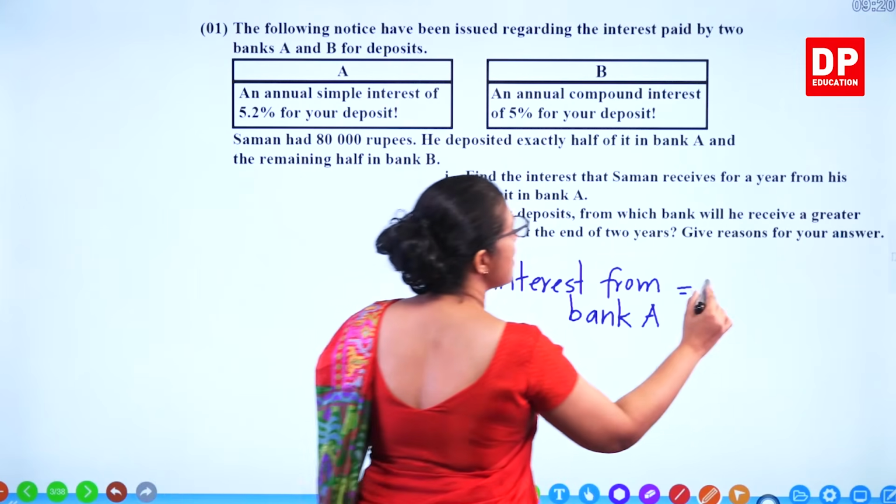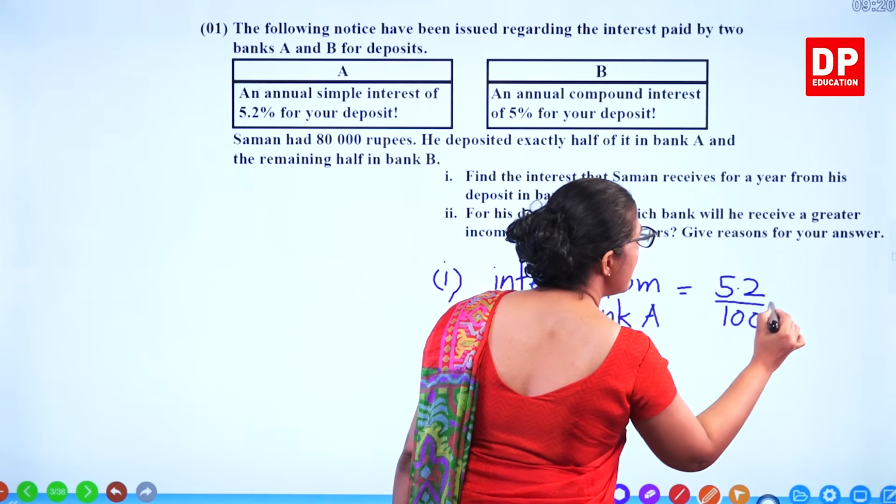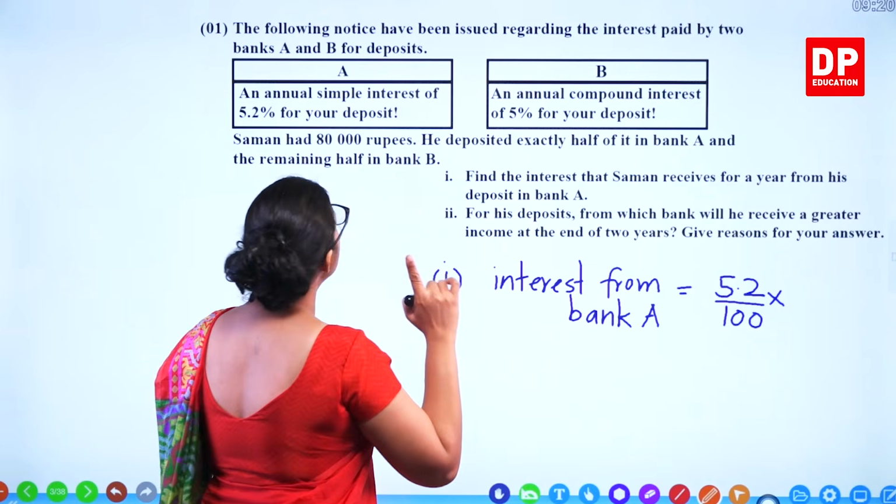Simple interest, 5.2 over 100 into 40,000, because half of 80,000 means 40,000 rupees. 2 zeros get cancelled out, 1 zero and the decimal point get cancelled out, so that means 52 into 40.